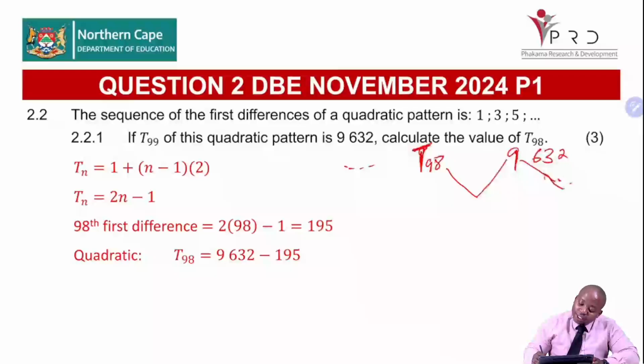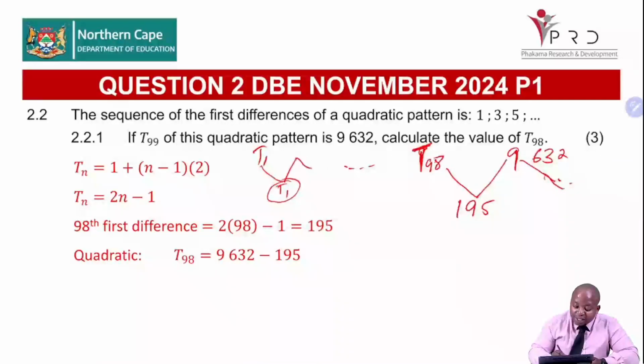So to say, we have found the value of the first differences, which is now 195. And remember, we have used the fact that the first term on the original also corresponds to the first term on our arithmetic, which is the first differences.